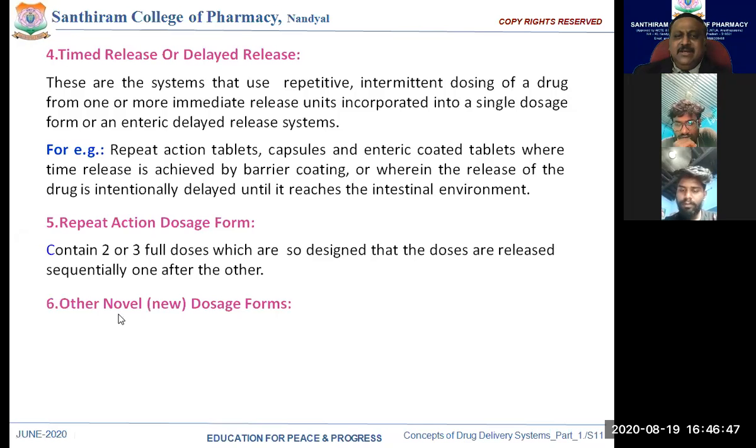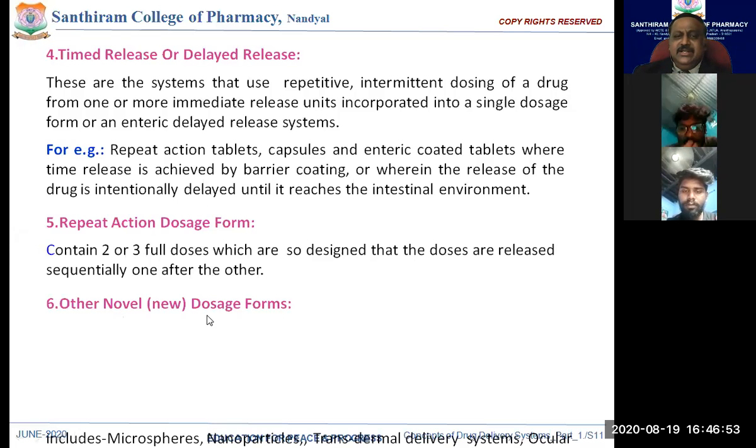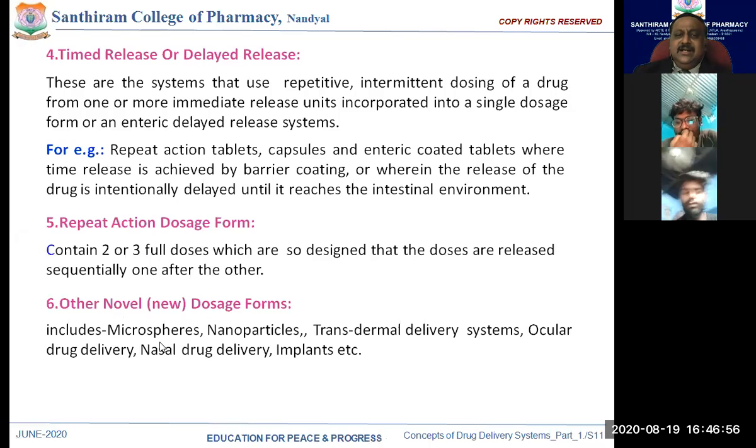And the 6th type, we have other novel drug delivery systems or other novel dosage forms which are new. This includes drug delivery systems like microspheres, nanoparticles, transdermal drug delivery systems, ocular drug delivery systems, nasal drug delivery systems, implants, etc. So microspheres, you are familiar.